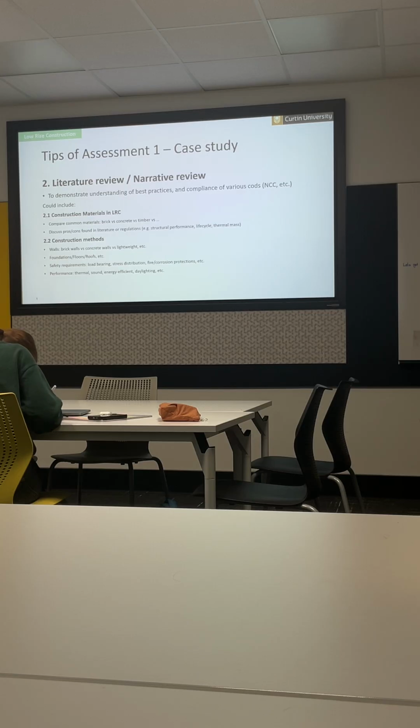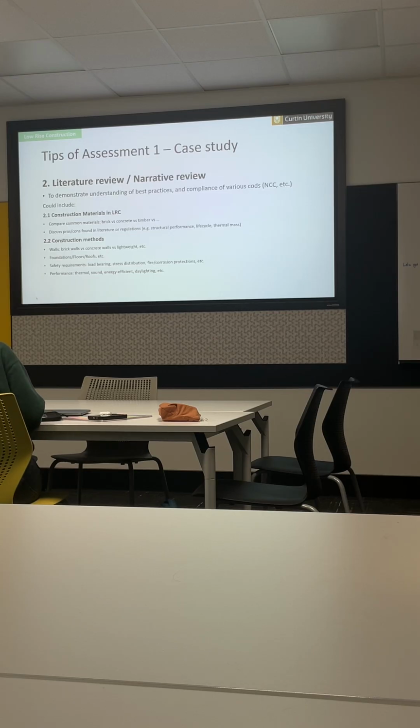This is not related to the material that you select, so we haven't gone to that section. In this section, you discuss the current best practices and the current knowledge you have, along with the performance like thermal, sound, energy efficiency, daylighting, and so on.